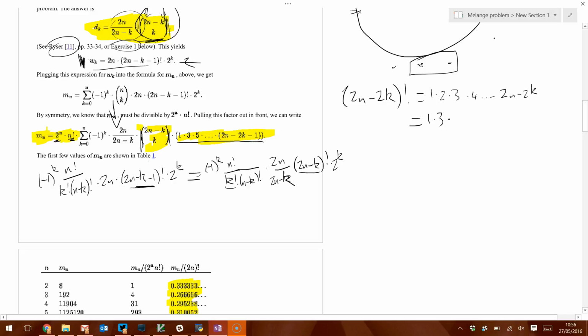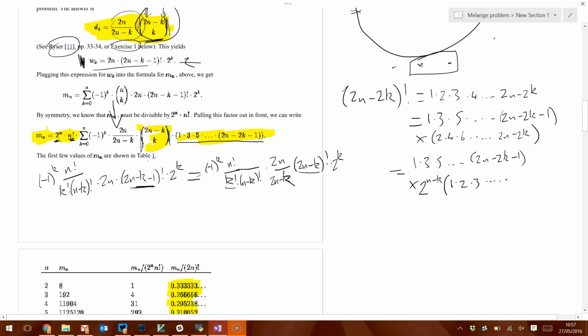Let's rearrange that: 1.3.5 up to 2n minus 2k minus 1, times 2.4.6 up to 2n minus 2k. That's 1.3.5 thingamajig times, now these are all even numbers, and I've got n minus k of them, so I can pull 2 to the n minus k out of that. These are being multiplied together, remember, so it's 2 times 2 times 2 times 2. And then that is 1.2.3 up to n minus k. That is, frankly, a miracle.